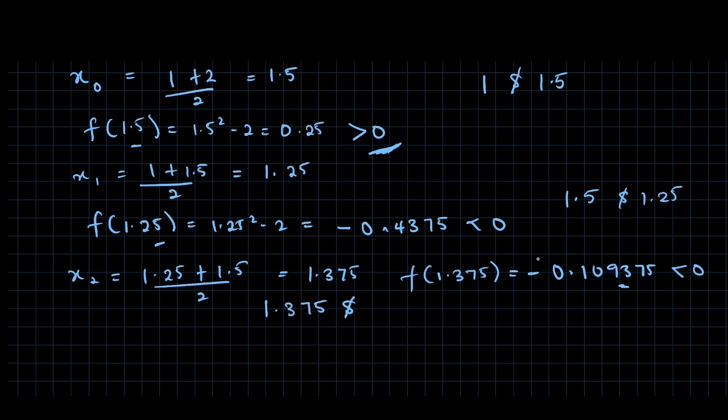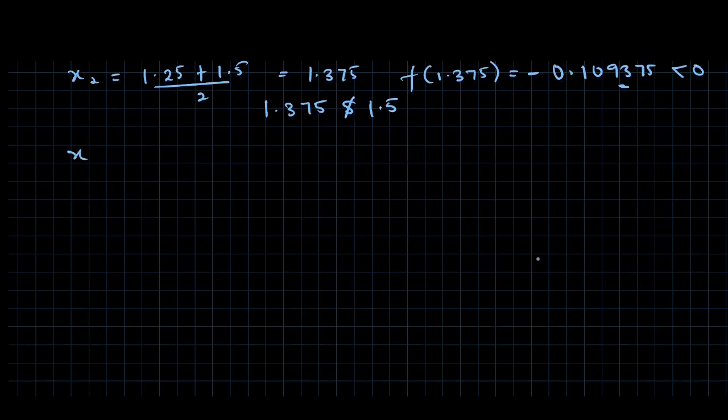1.375 and 1.5. So the third midpoint x3 is going to be equal to what? (1.375 plus 1.5) over 2. That's equal to 1.4375. Now if you take this into the equation, that's 1.4375 squared minus 2, right?